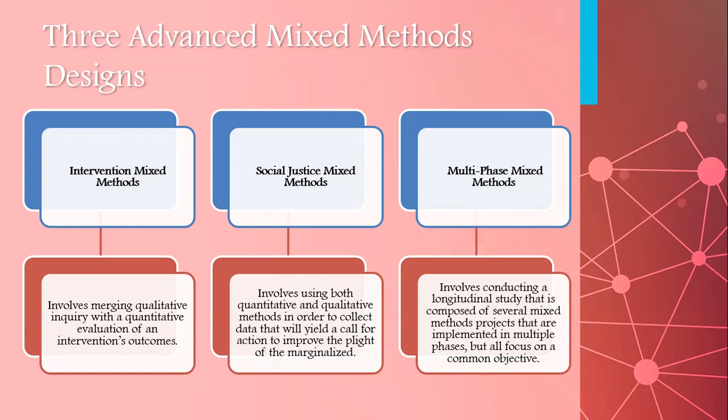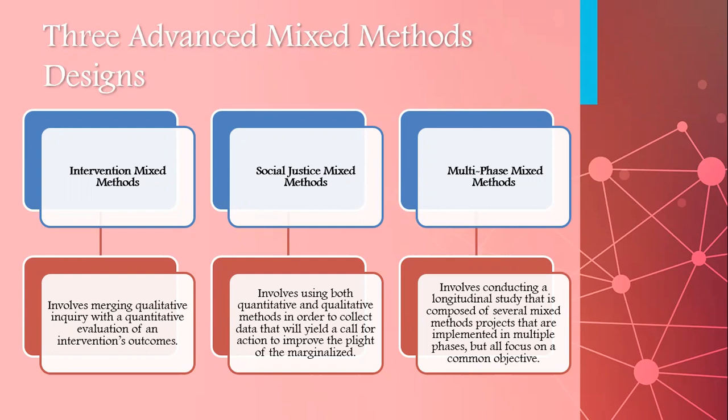So within this larger research project, we might have one mixed method study that is a concurrent or a convergent mixed methods study. We can have one study that's an exploratory sequential study, and we can have another study that's an explanatory sequential study.